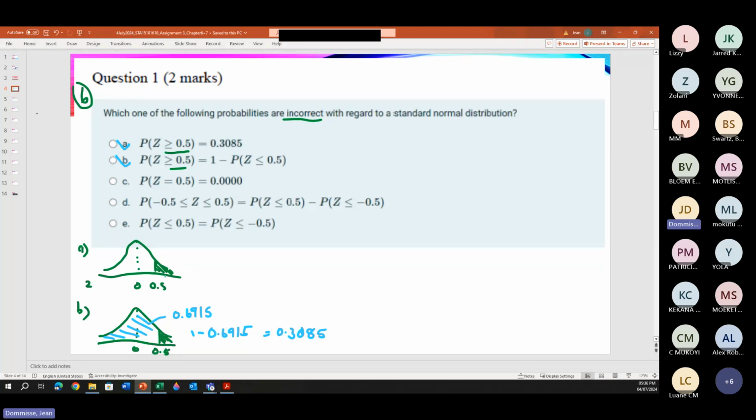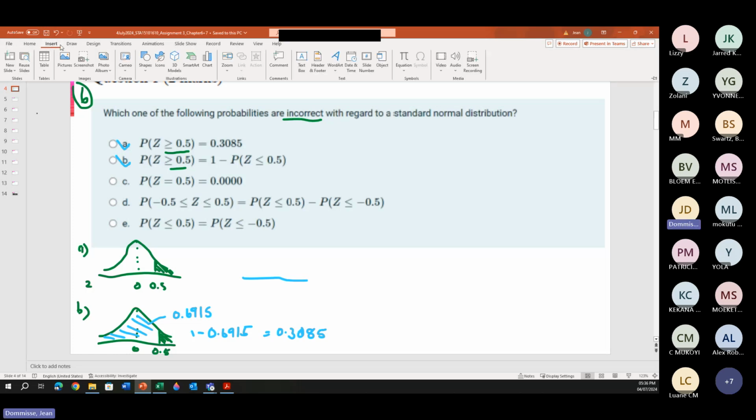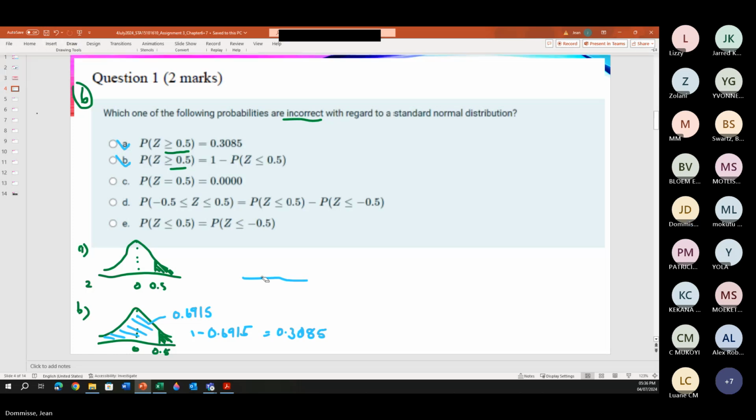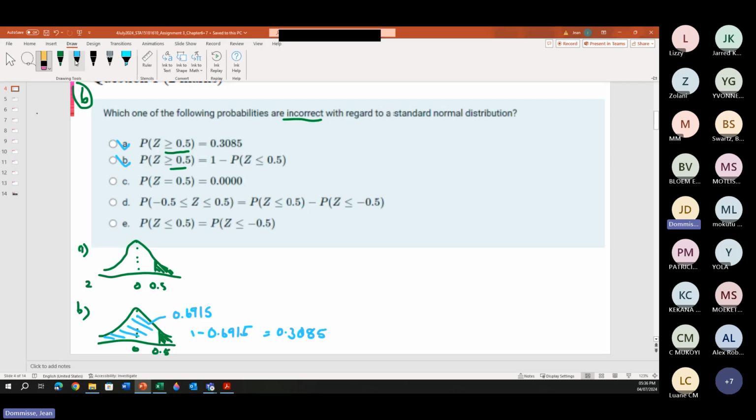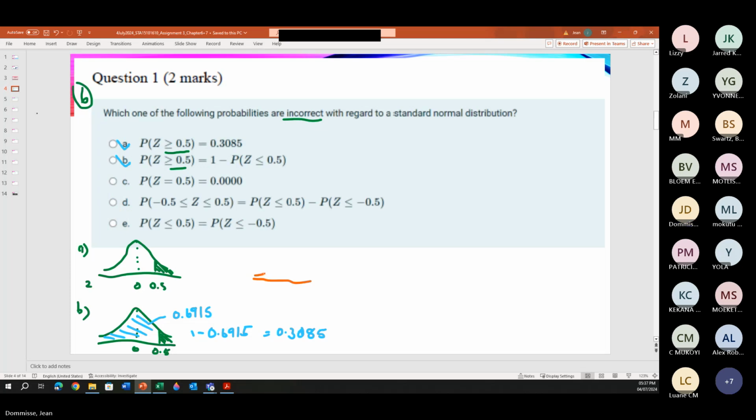What we could also do is, let's use another color, where again 0 is here and that is 0.5. That area must be the same as the negative 0.5 because of symmetry.